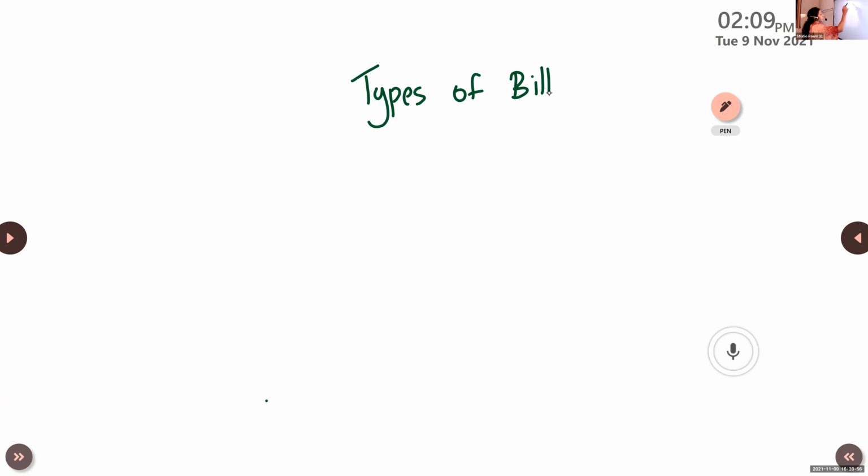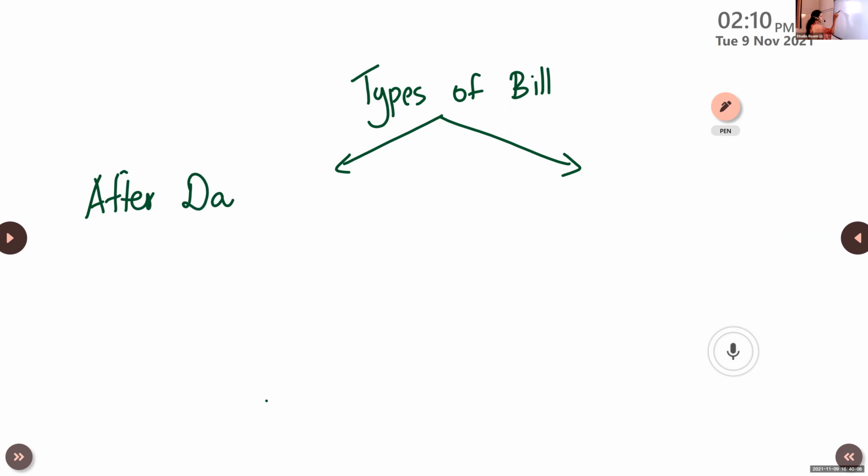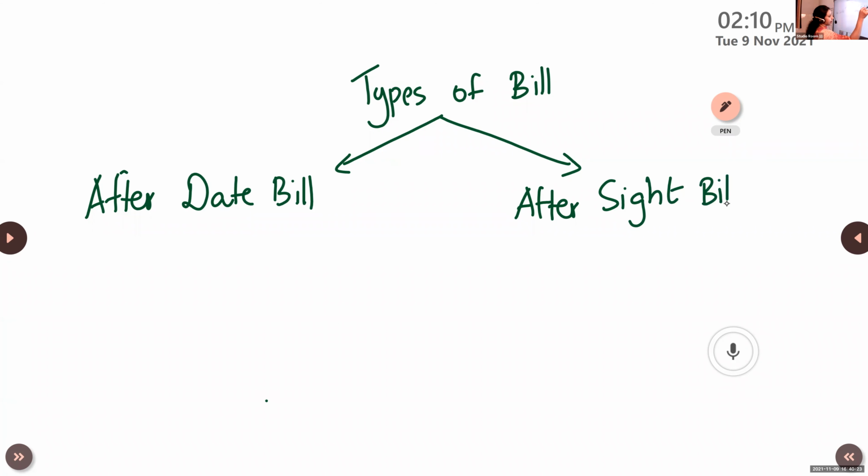Types of bill, we have two types, okay? After date bill and after sight bill.